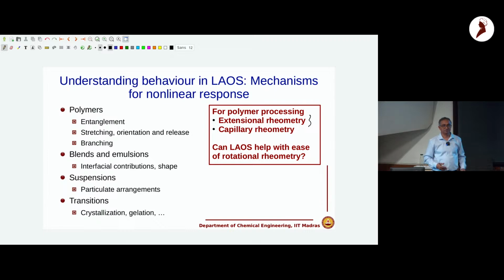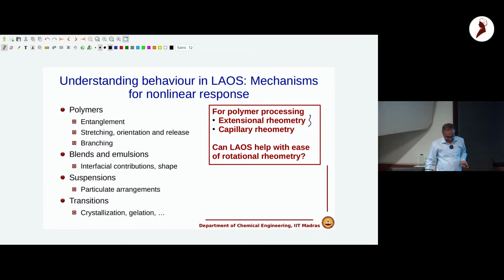That was one promise, because I am deforming the material to a very large extent, 1000% strain. So maybe with the measures that I get through LAOS, I don't need to do extensional rheometry. There were many such promises which are still being worked upon, but we are nowhere near clear enough in our understanding of LAOS behavior to actually use it that effectively.